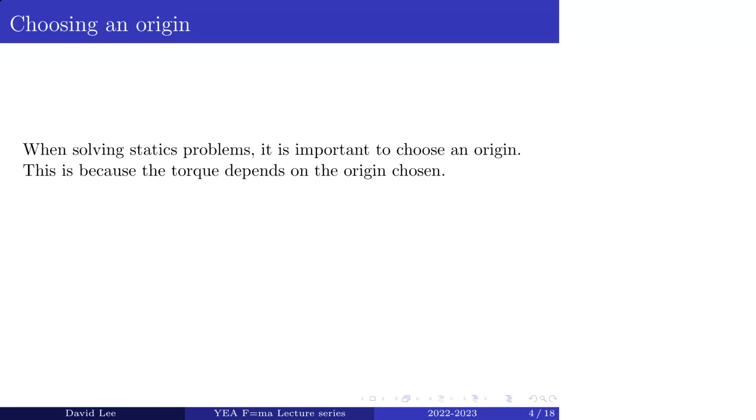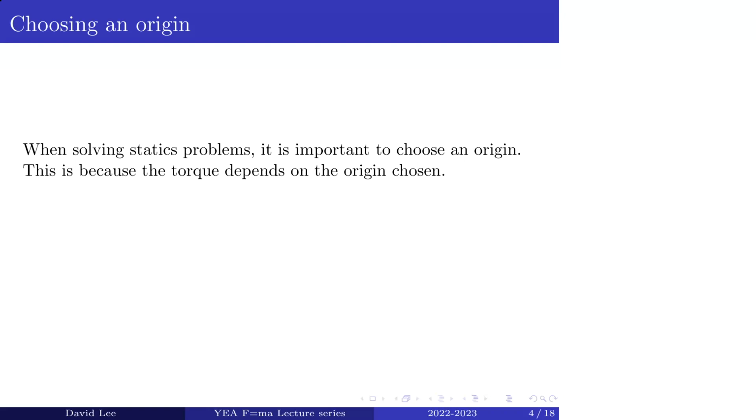Okay, so there's an important point about choosing an origin, and this is mainly for problems that use torques. So, for example, let's say we have a balance beam, and there's some person on the balance beam.